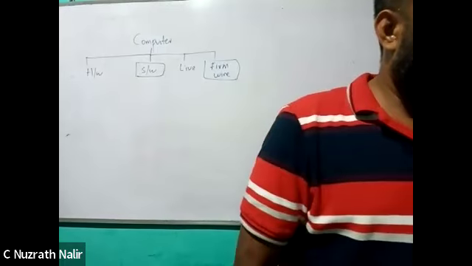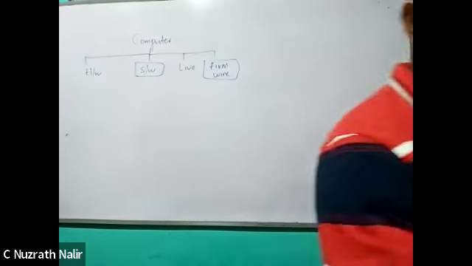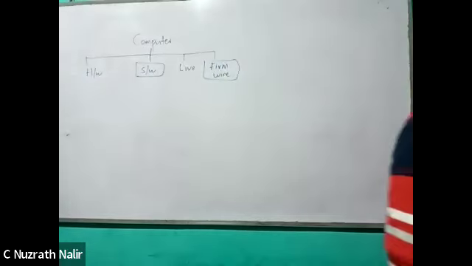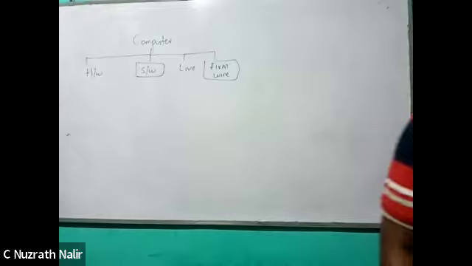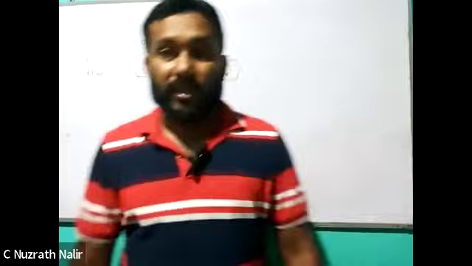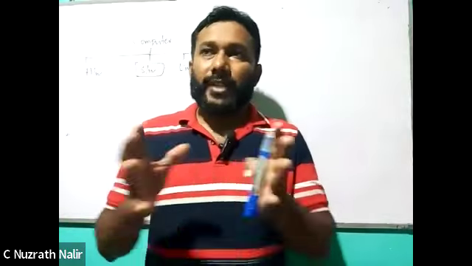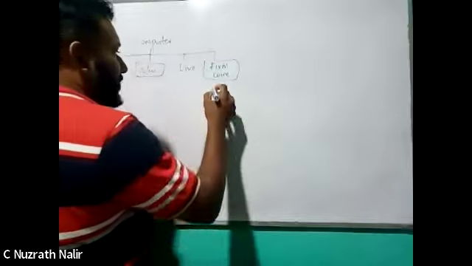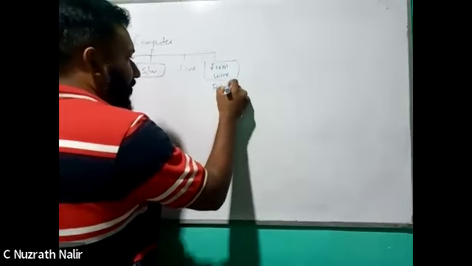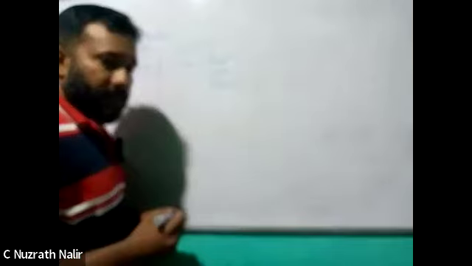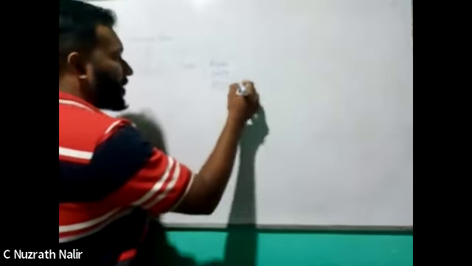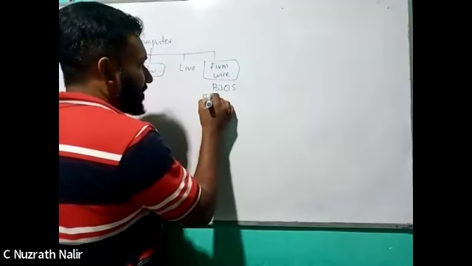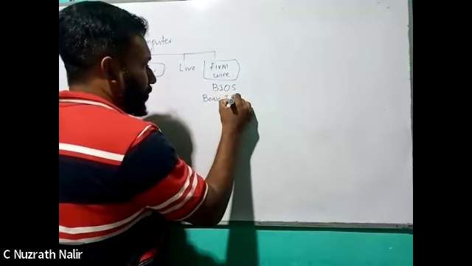Until that, it is called the initializing process. Before we move to the operating system, there is a concept of initial operations of a computer. That is called the firmware area. Firmware we call a BIOS or a CMOS. BIOS means basic input output system.